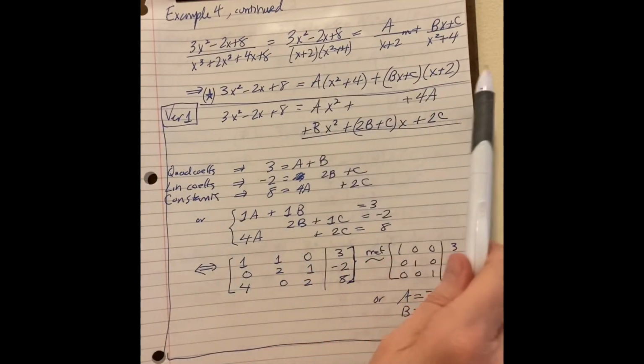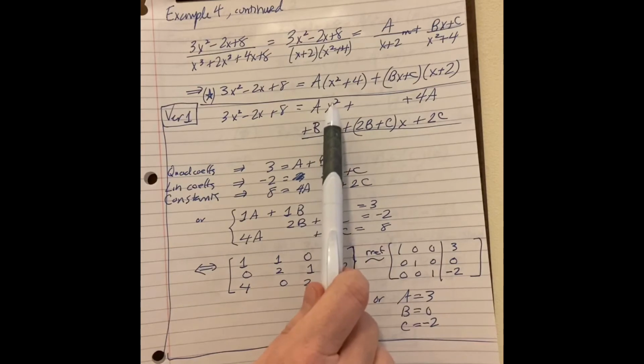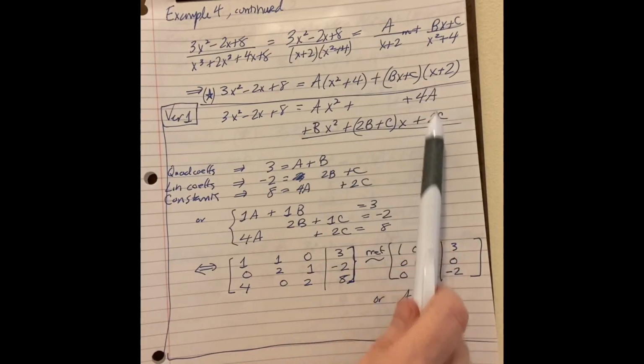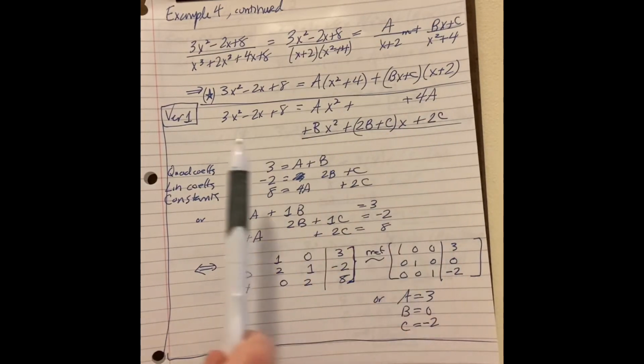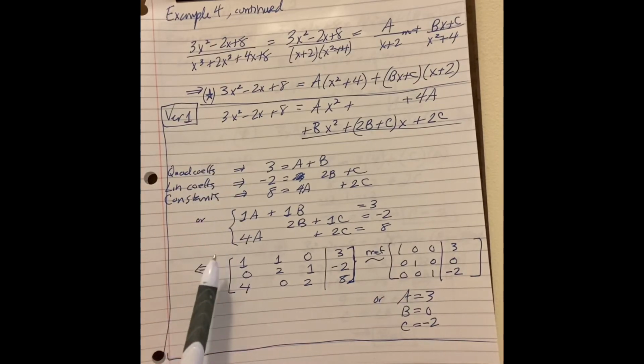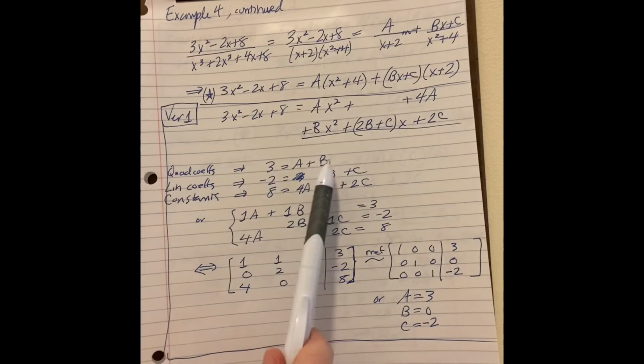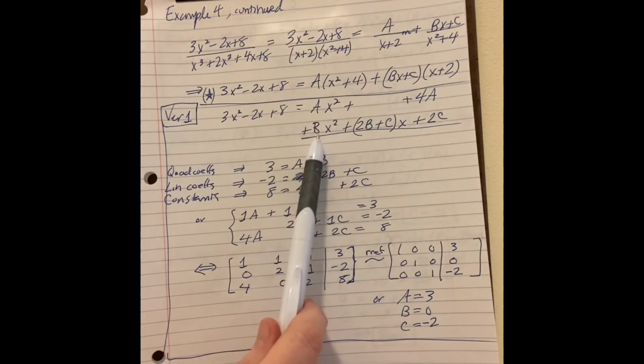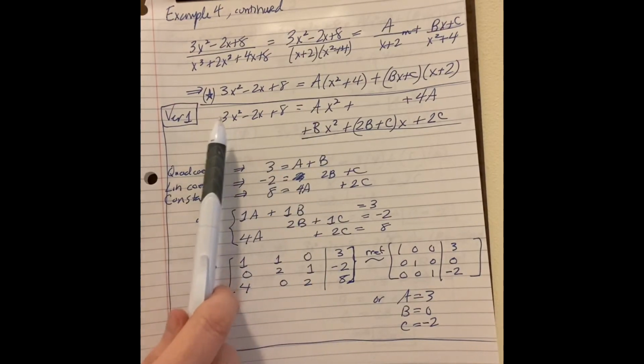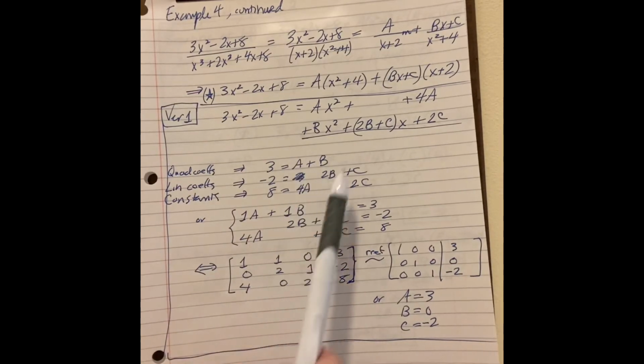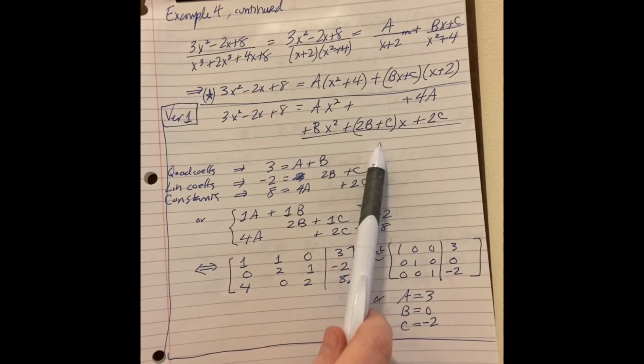If you multiply this out and collect quadratic terms, linear terms, constant terms, you'll notice that gives us 3 equations in 3 unknowns. The quadratic coefficients add up to a plus b on the right. They have to be equal to 3 on the left, first equation. What are our linear coefficients?